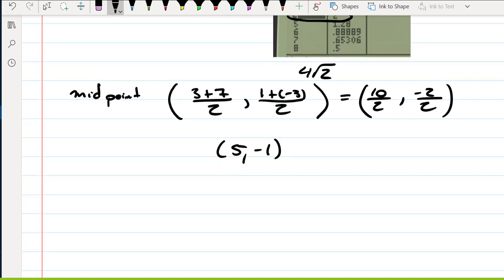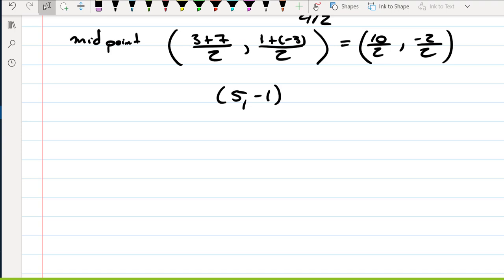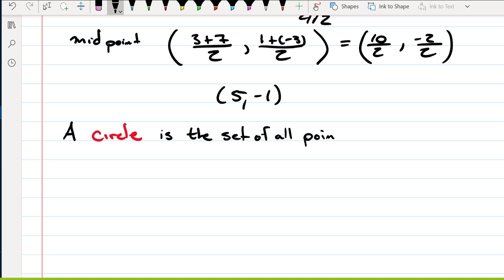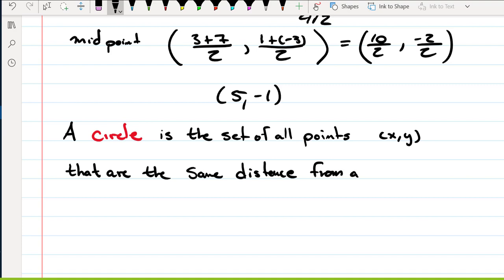All right, so the next thing we need to talk about are circles. So a circle is the set of all points x comma y that are the same distance from a fixed point, which we are going to call h comma k, which is called the center.